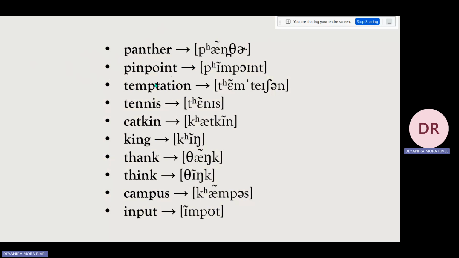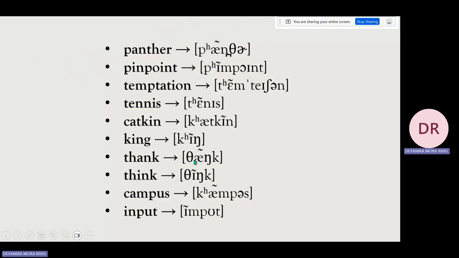Tennis, all right? And we see here, like in temptation and in pinpoint and in panther, they all also have nasalized vowels. Catkin. In the kin part, the vowel is going to be nasalized and the K sound at the beginning is going to be aspirated. King, again, we have aspiration and nasalization.